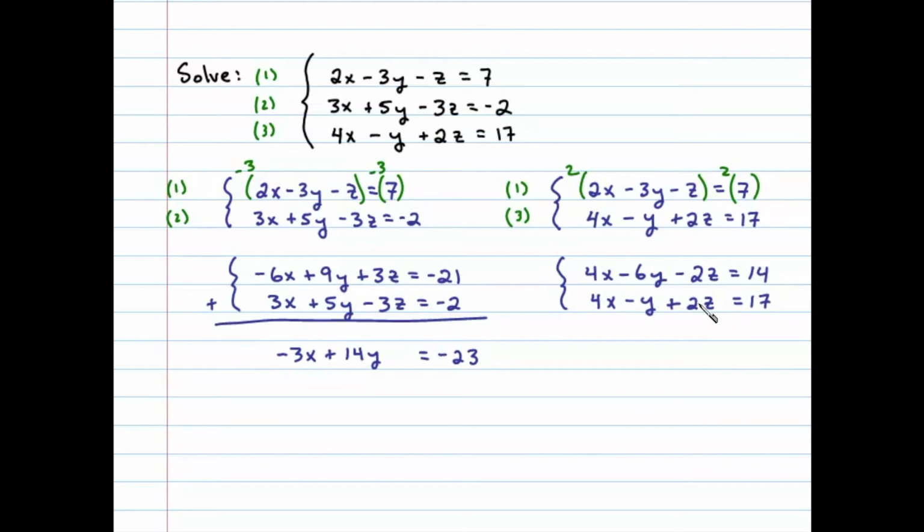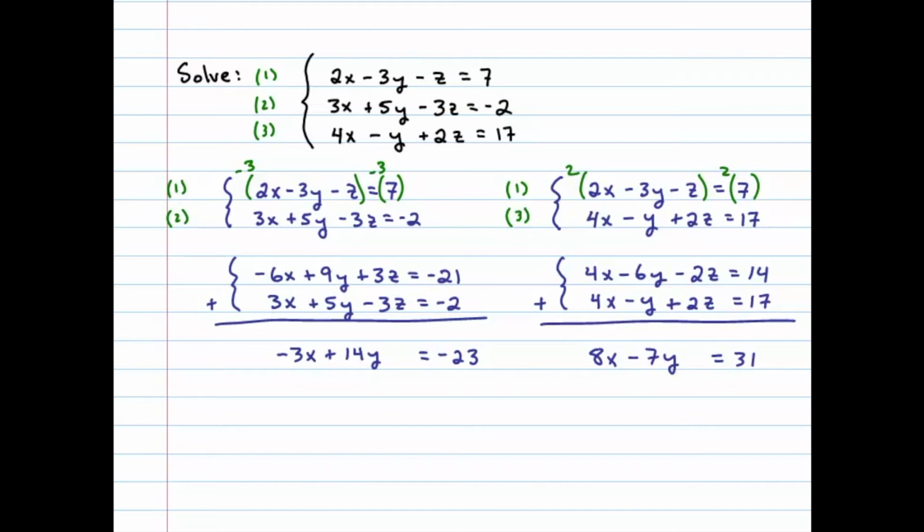And we can see the variable z is lined up to eliminate. So when I add these equations together, we're left with 8x minus 7y equals 31.